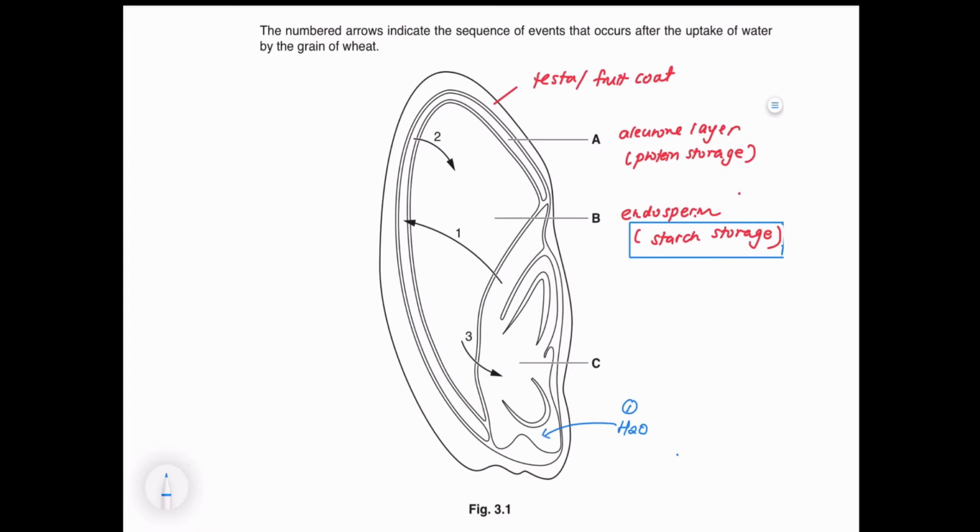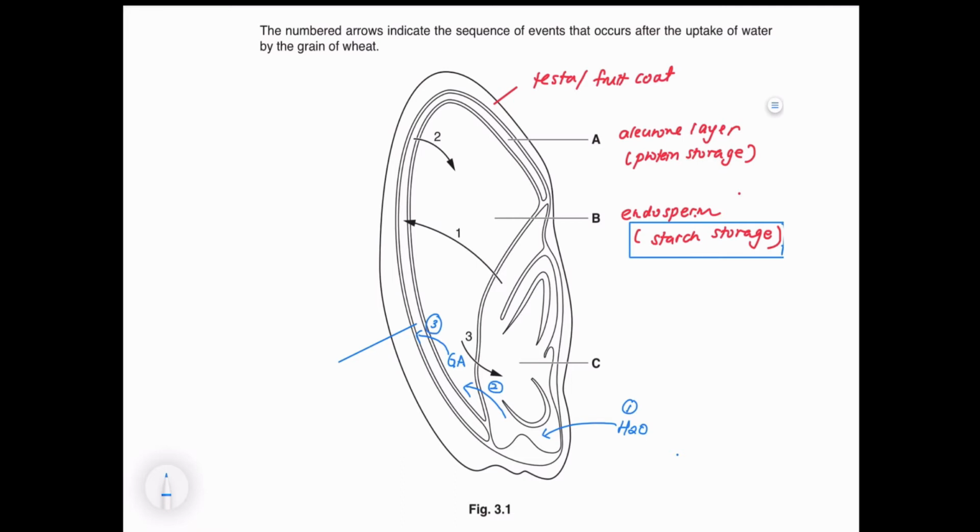Number one, we start with water being absorbed by the embryo. When the embryo is stimulated, it will start to produce the hormone gibberellin. In short, gibberellin is also known as GA, and the GA will travel into the aleurone layer. So what is happening within this aleurone layer? I'm going to relate a bit to the regulation of gene expression, but we're going into the detail in chapter 16.